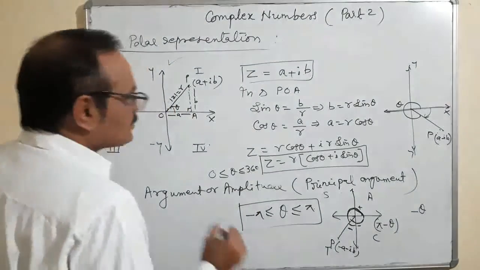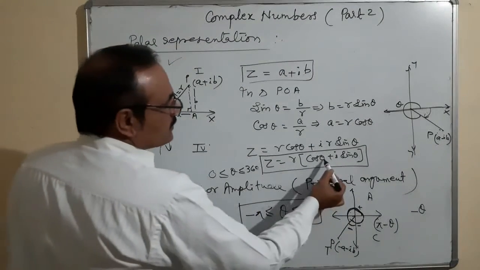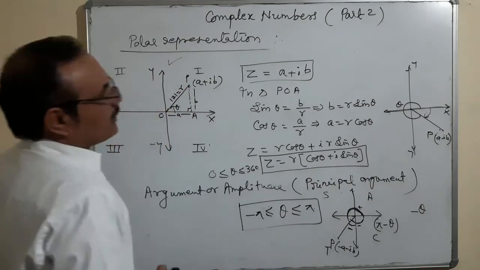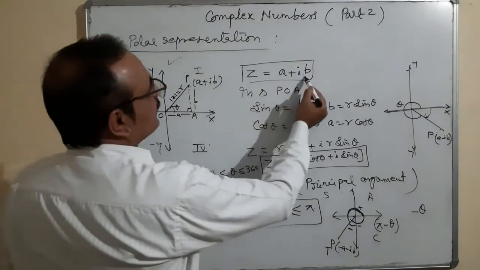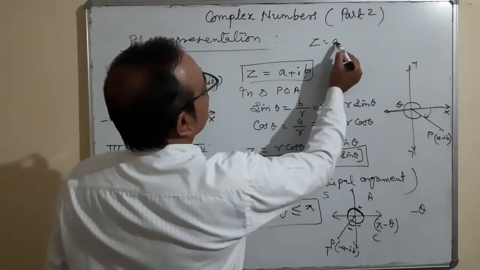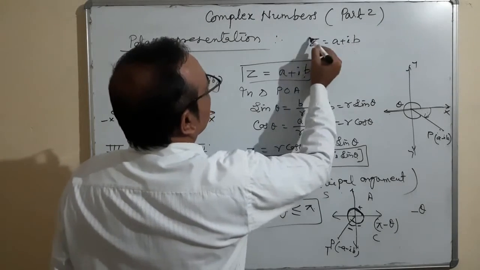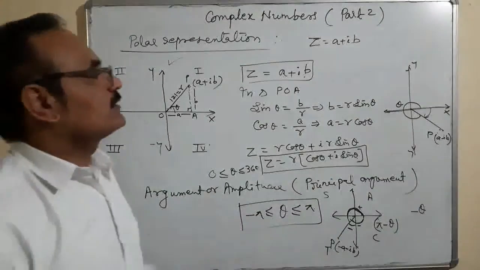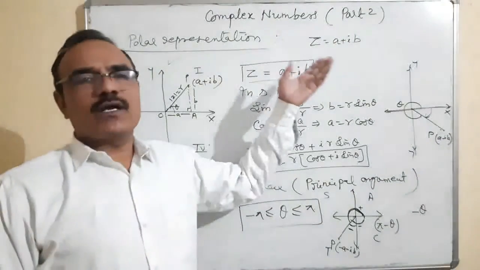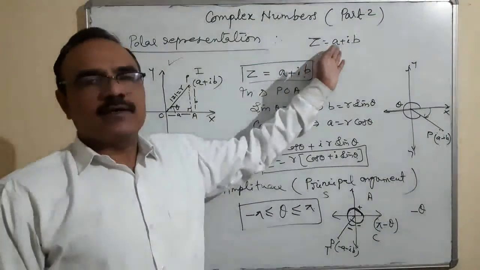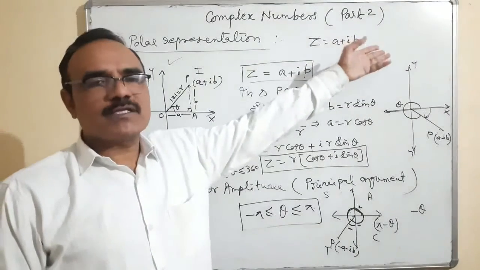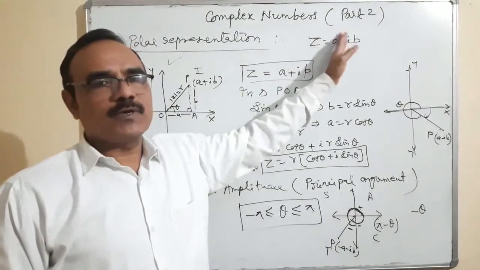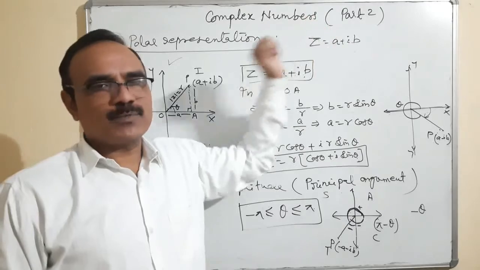Suppose both are positive, when we are talking about Z is equal to A plus iB. Both are positive, that means it is in the first quadrant, where all are positive. The value is R cos theta plus i R sin theta. There is no problem. The value of theta lies between 0 and plus pi.